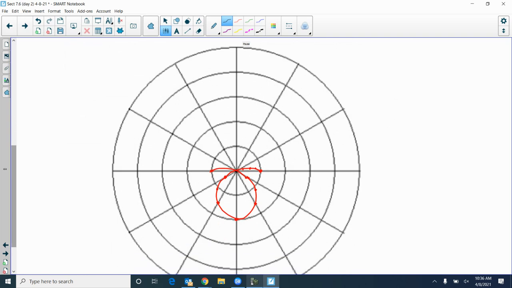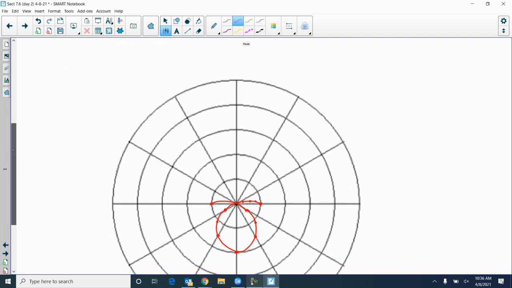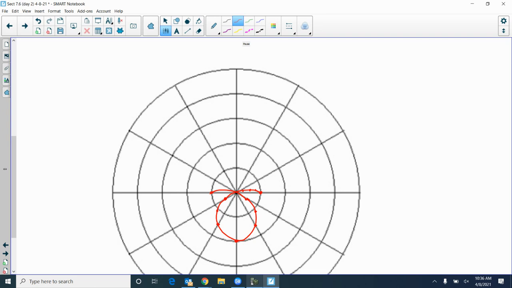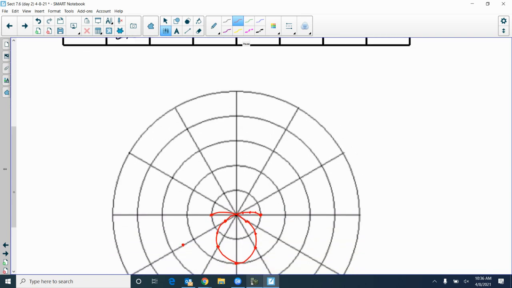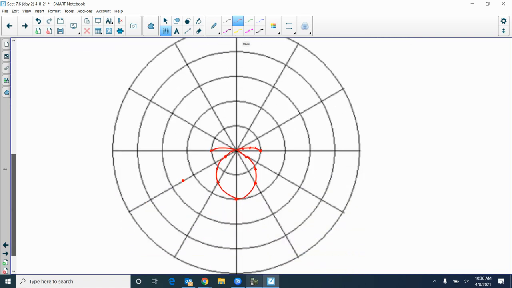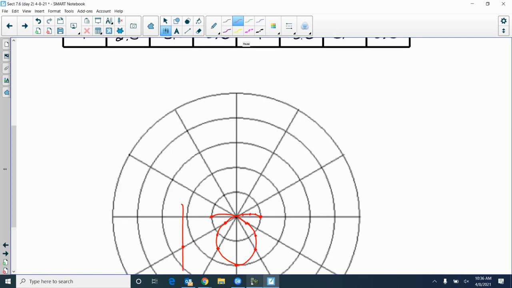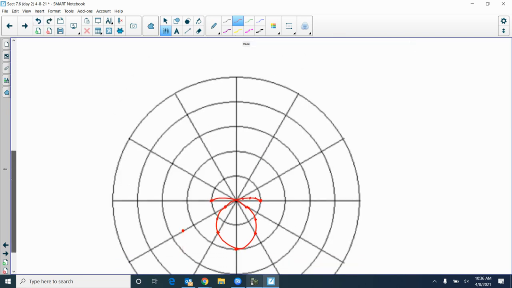All right, so let me take it here. Look here. We said at 210, 2.5. At 225, I believe she said 3.1. 3.1 should be about here.